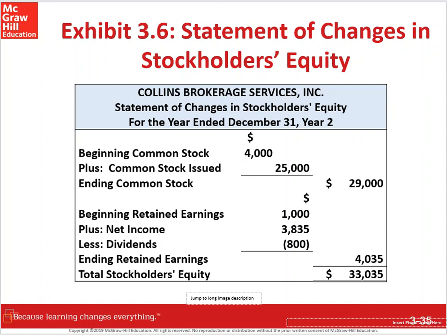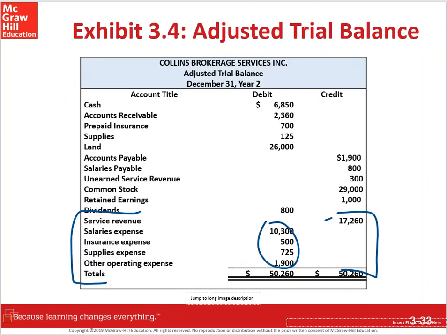How about the balance sheet? Where should we find our data for the balance sheet? Now we can go back to the trial balance, right? Now it's useful again. So I would grab all of this, all the way down to there is fine. Why did I not include retained earnings though? That retained earnings there is our beginning balance.